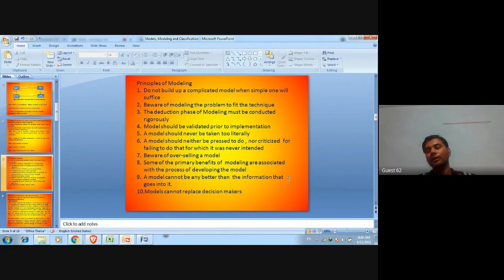For example, without the teacher it is not possible to understand properly all the information given in your book. Similarly, a model cannot replace decision makers.